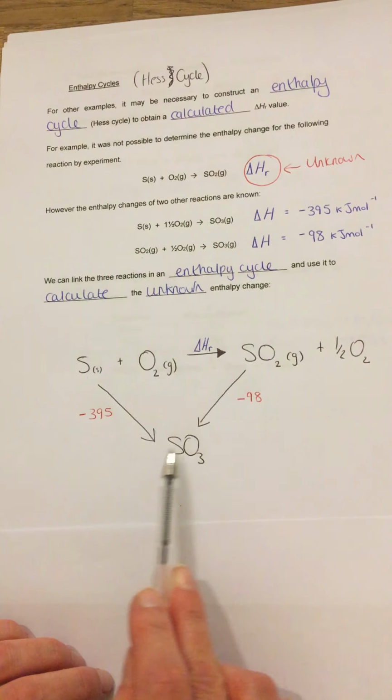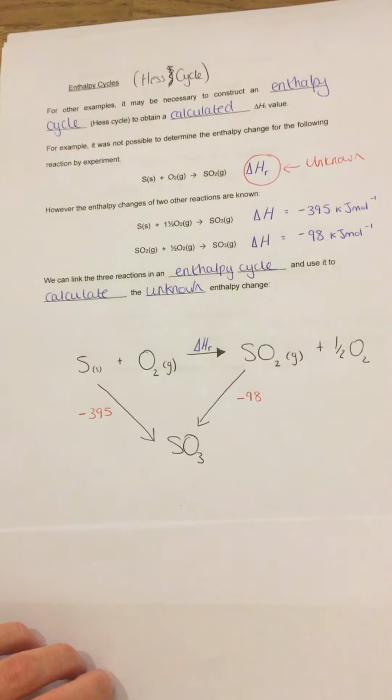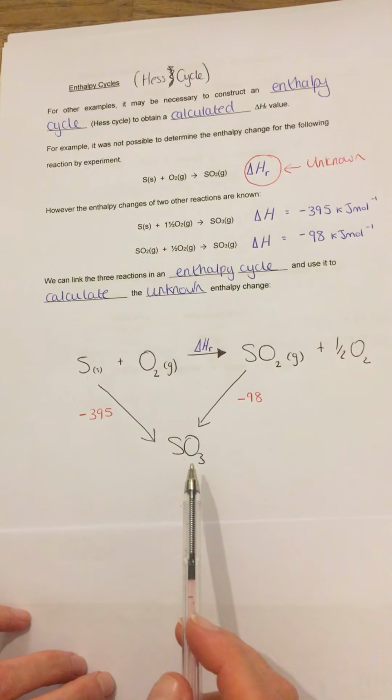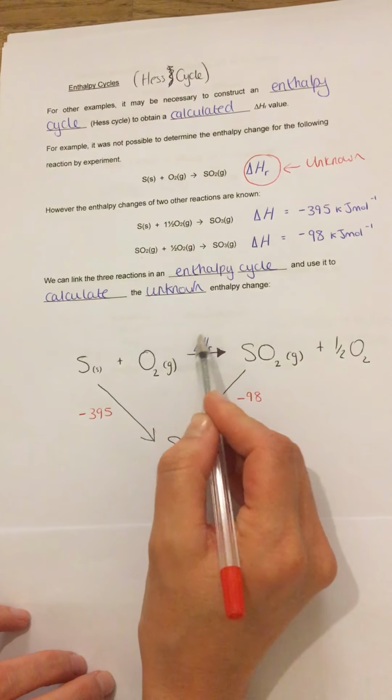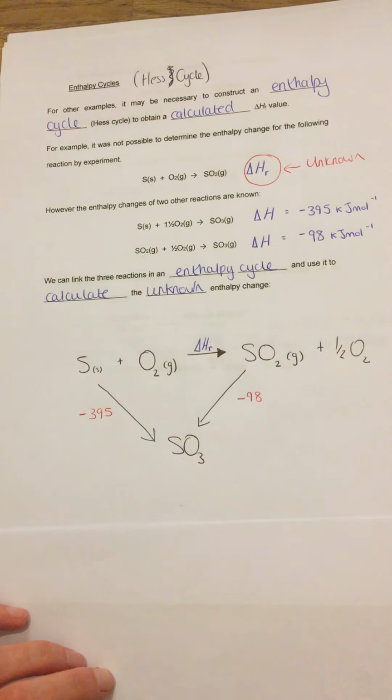Now what we've got is what we call a Hess cycle or an enthalpy cycle, and we can use this to figure out what this unknown value is by applying that rule about it not mattering which route we take if we've got 2 possibilities.